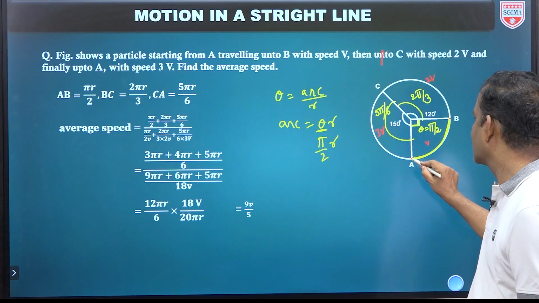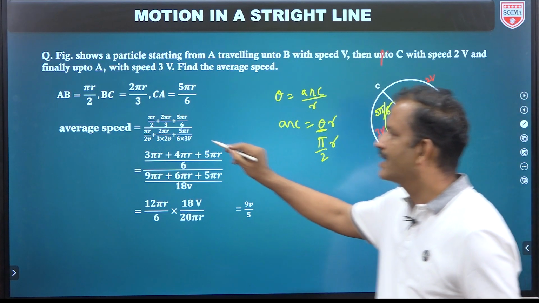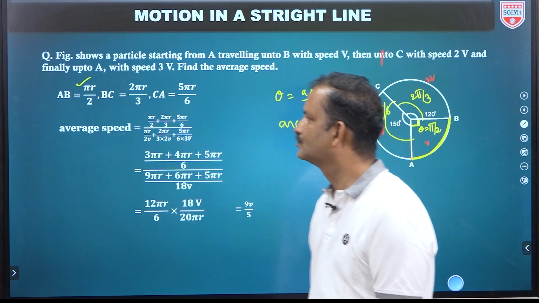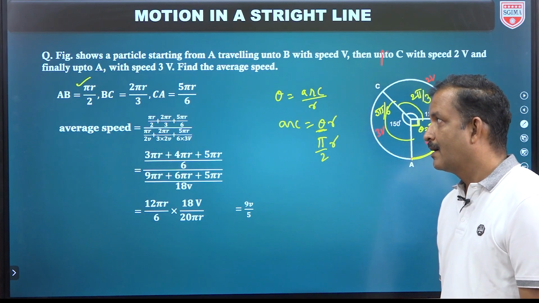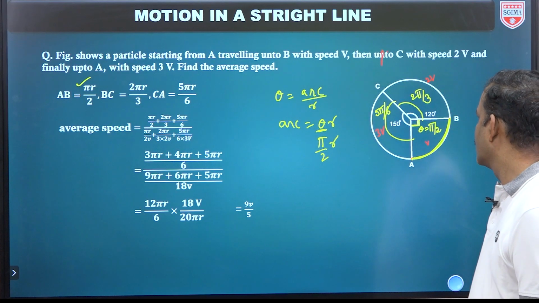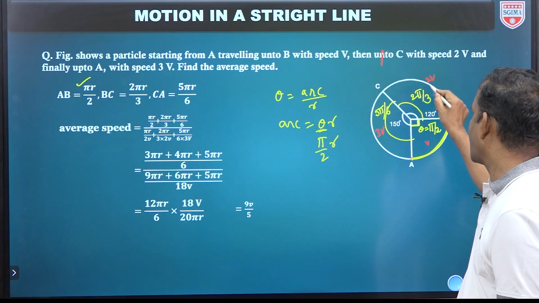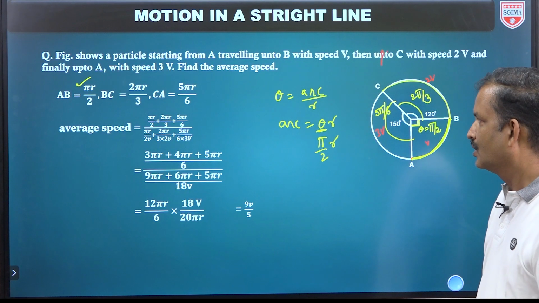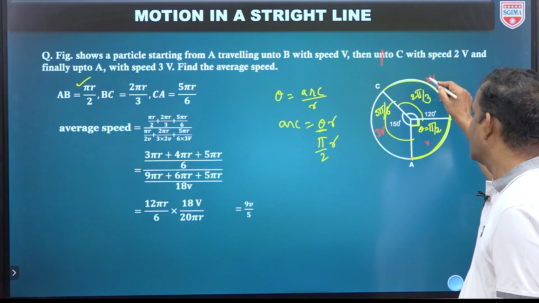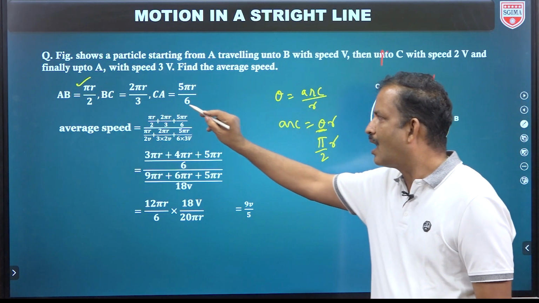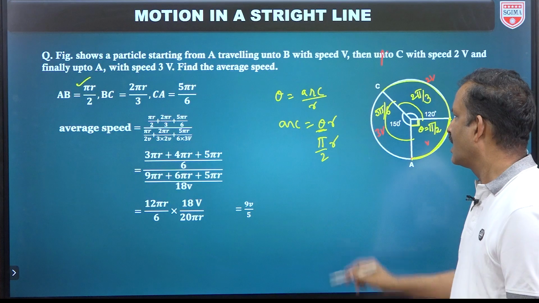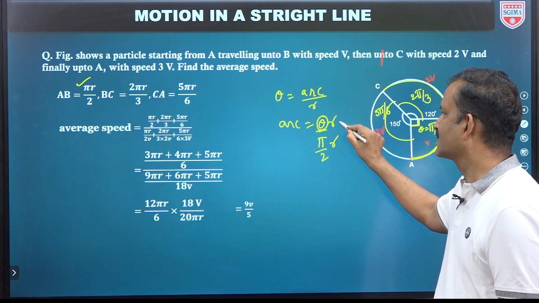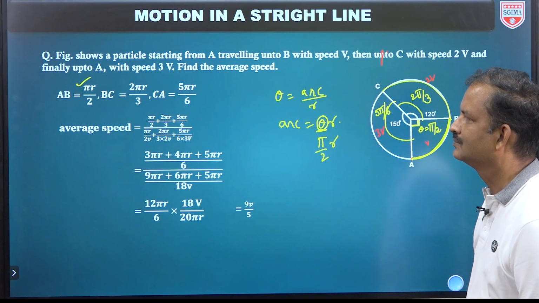So this arc length AB is pi r by 2. For BC, this angle is 2 pi by 3, so 2 pi by 3 into r. Angle into radius is arc length.